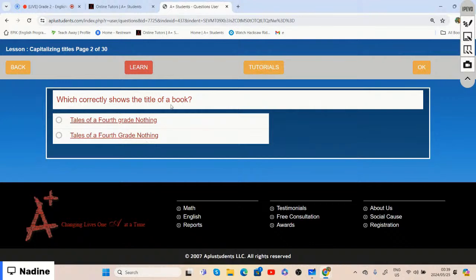Which correctly shows the title of a book? Is it Tales of a Fourth Grade Nothing or Tales of a Fourth Grade Nothing?